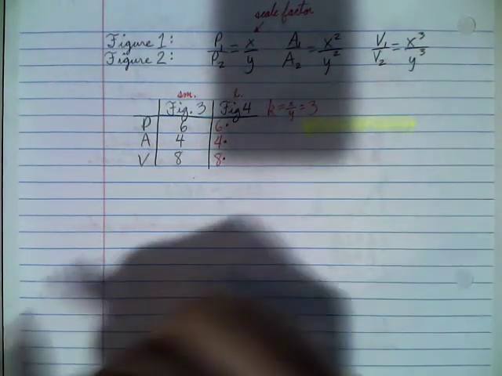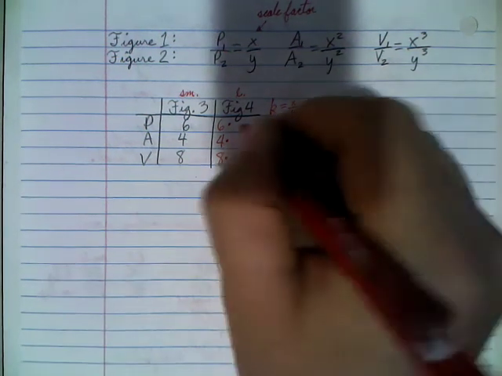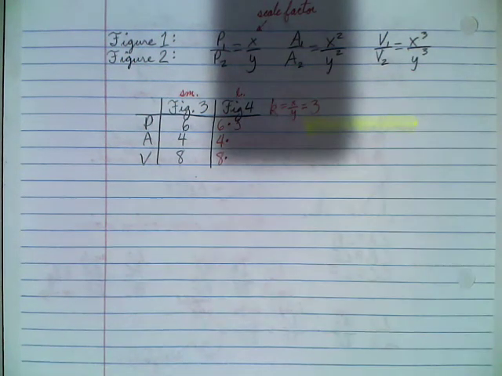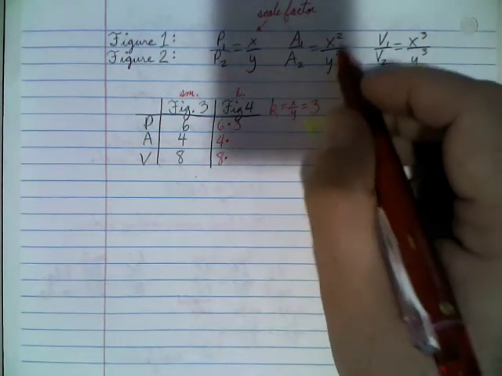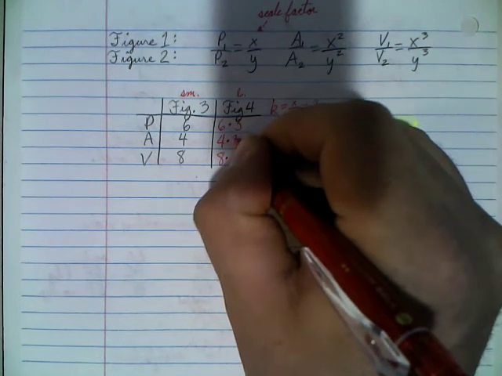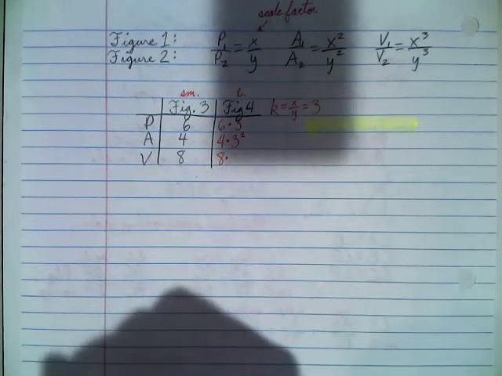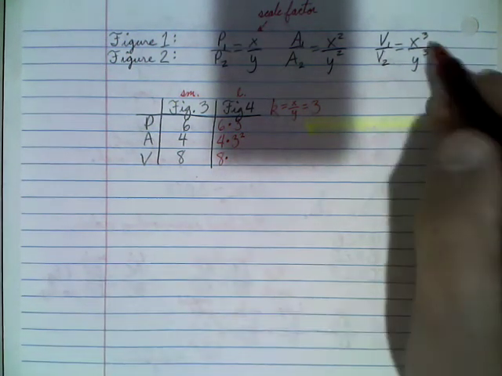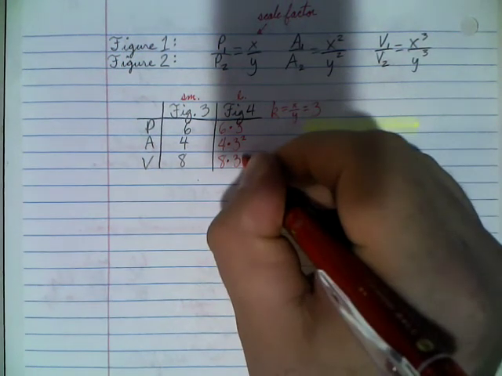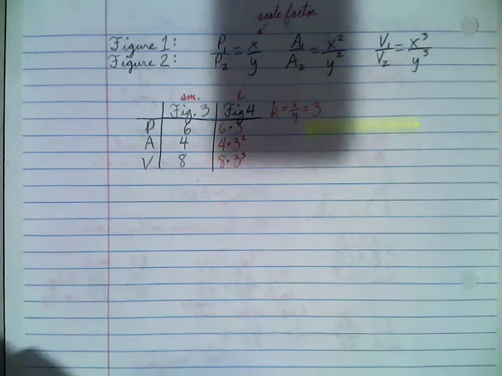Now again, like we talked about up here, for perimeters and other linear measurements like that, you've got your scale factor, so it's going to be times 3. For area though, it's the scale factor squared. So this will be 3 squared. And then for volume, volume is cubed. So 8 times 3 cubed.